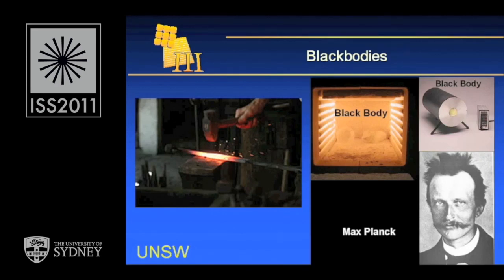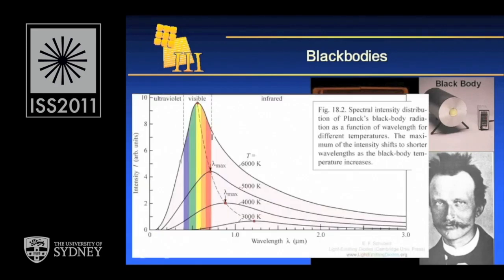So this is where Max Planck comes into the picture. He was interested in trying to explain the nature of the light that was emitted by these black bodies. This is at the end of the 19th century, beginning of the 20th century. The measurement techniques had evolved to the stage where you could measure the nature of the light being emitted reasonably accurately.